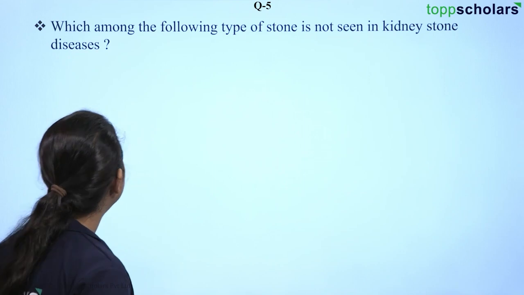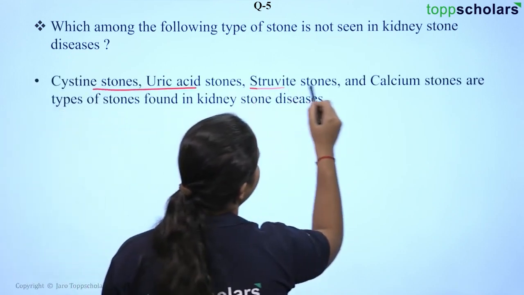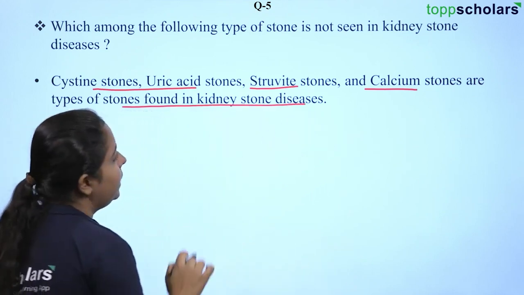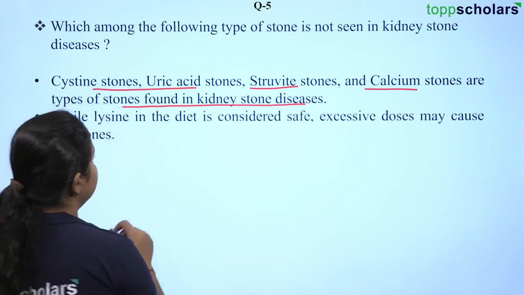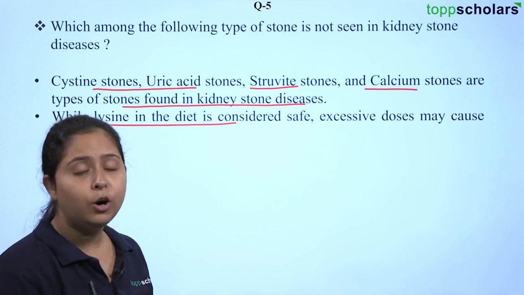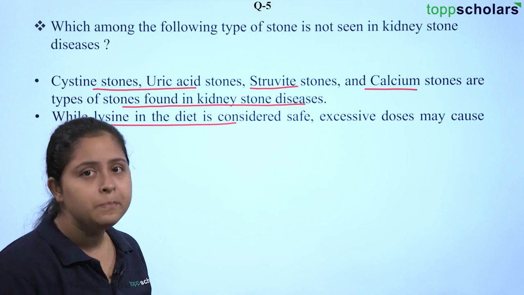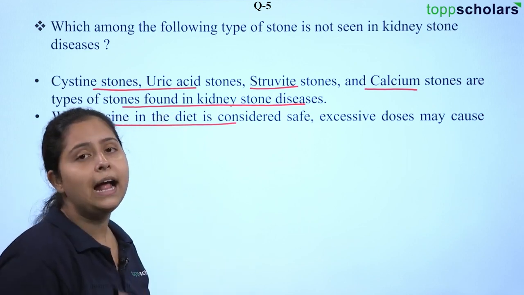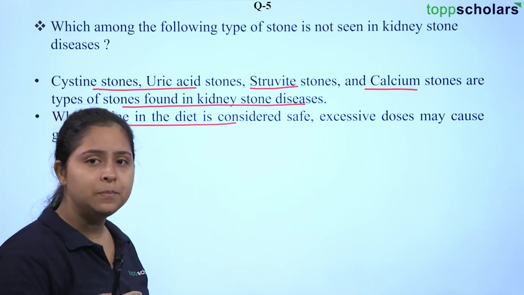Let us have a look. Cystine, uric acid, struvite, calcium, these can form stones, and these types of stones are found in kidney stone diseases. What is not found is lysine, because lysine is an essential amino acid. That means our body is not producing it, we need to acquire it from our diet. And whatever we take in as our diet goes through the digestive system, right?